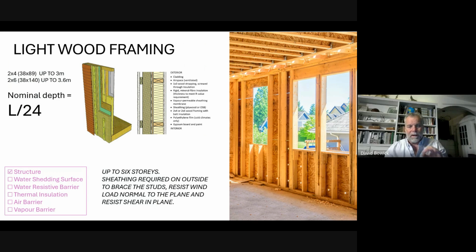We need zero operating carbon in our buildings. That is a non-negotiable. We're not there yet, but we'll be there by 2050 for sure. So zero operating carbon in our buildings. We need great envelopes, but we also need to meet our minimum threshold for structural performance.